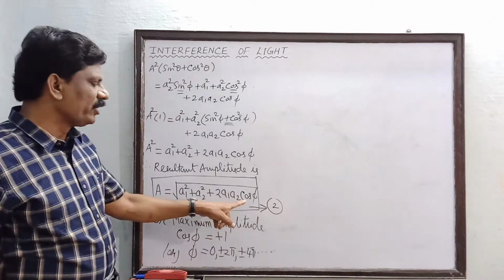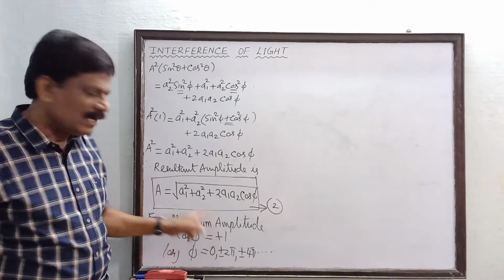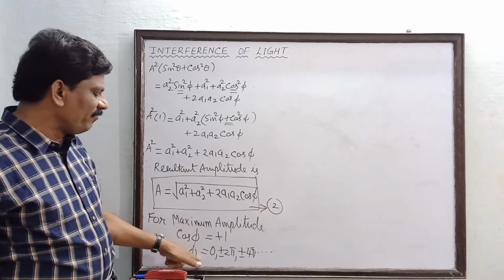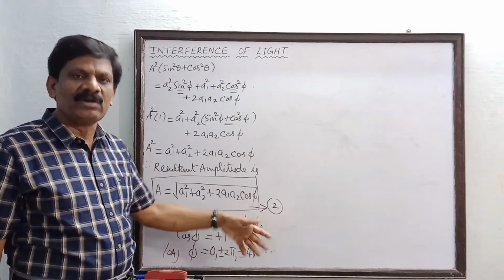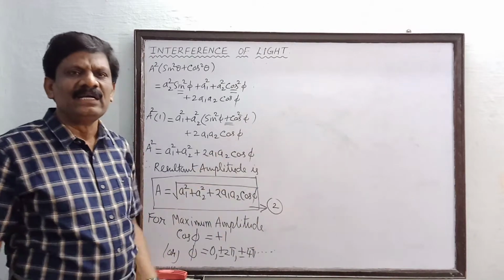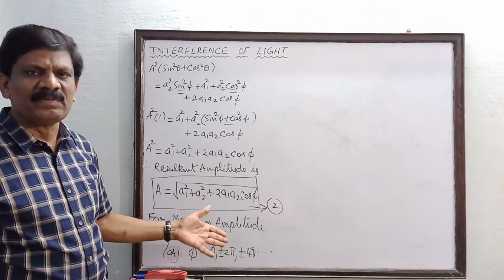Inside the square root there is a cos phi term. If cos phi is plus 1, the angle phi is equal to either 0 or plus or minus 2 pi, 4 pi, 6 pi, 8 pi, like that. It is even multiples of pi.